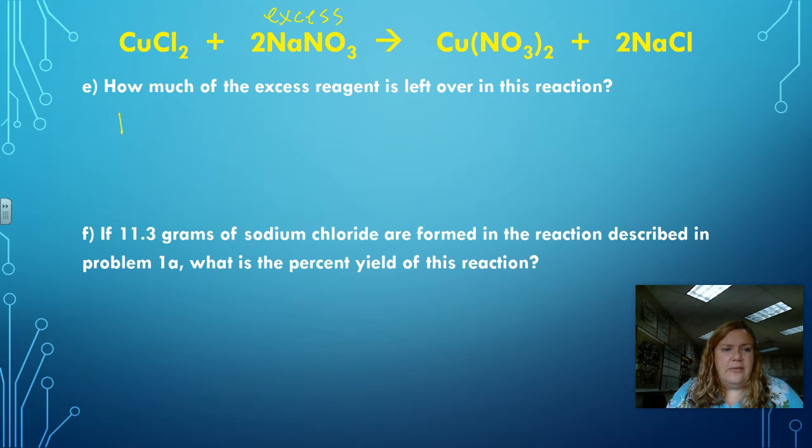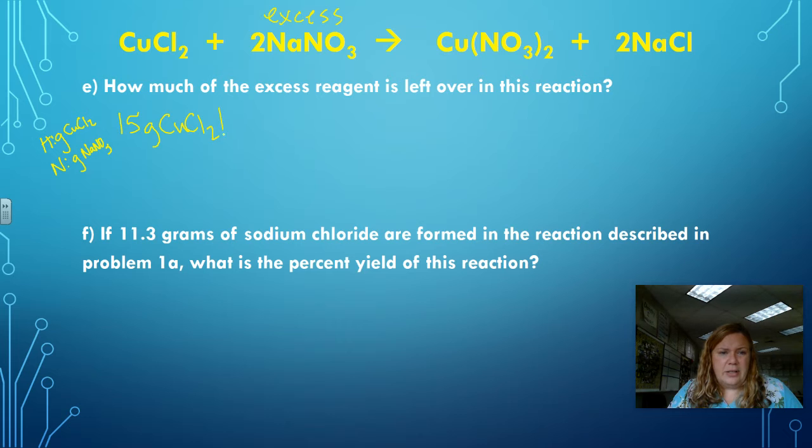So we're going to say if we have 15 grams of copper 2 chloride, then how much do we need of this? So our have is grams of copper 2 chloride, and our need here is grams of NaNO3 because we want to compare how much we really need.